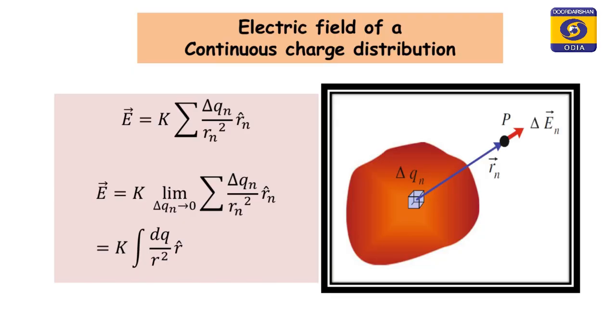So, students, we completed our electric field due to point charge and discrete distribution of charges. Now, we will see how to find the electric field of a continuous charge distribution body. We know from the property of charge that charge is quantized, that means charges are discrete in nature.